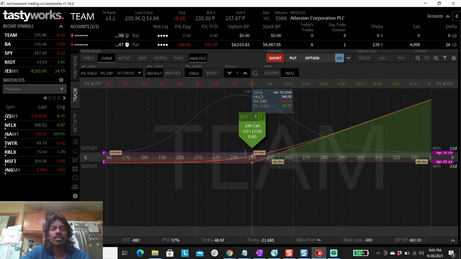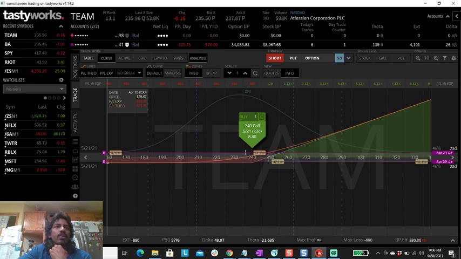If the stock goes anywhere beyond the 240 strike, you'd make money. Anywhere below that, you'd lose just the $880 that you paid for it, right? So you paid $880 to buy this option. If the stock stays below 240, it just doesn't go up above that, then you lose the $880. So that's one way to do it.